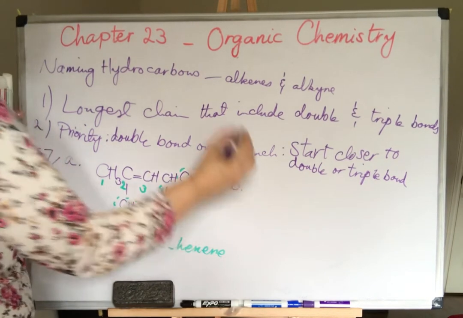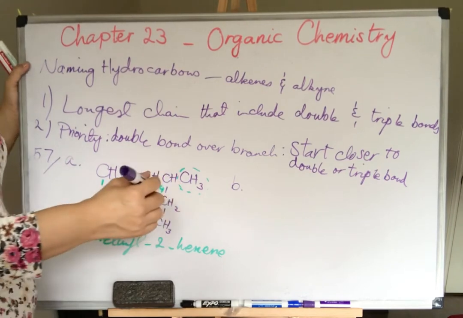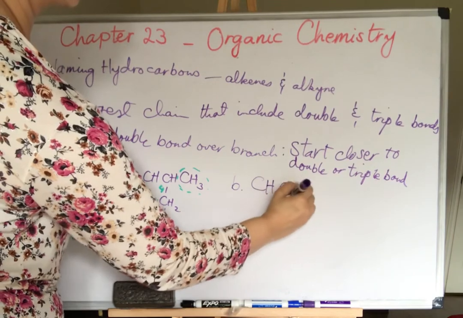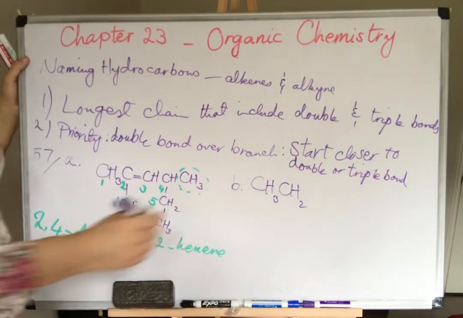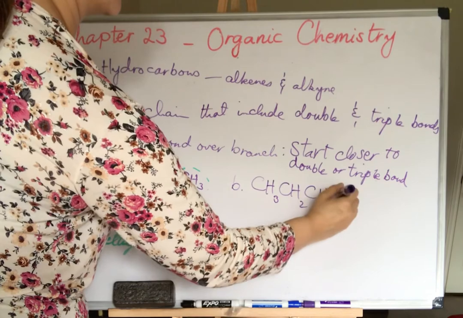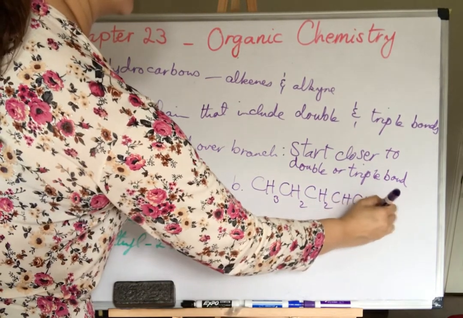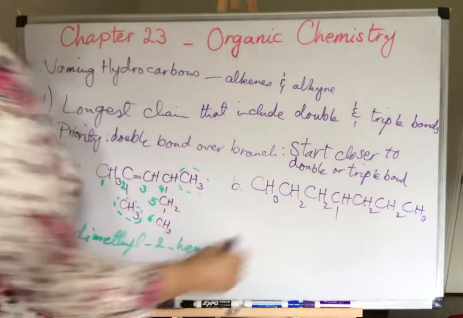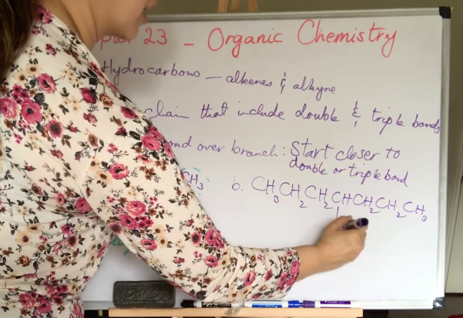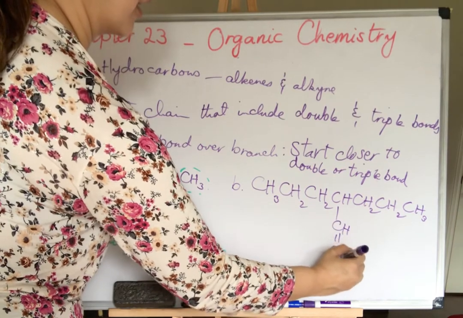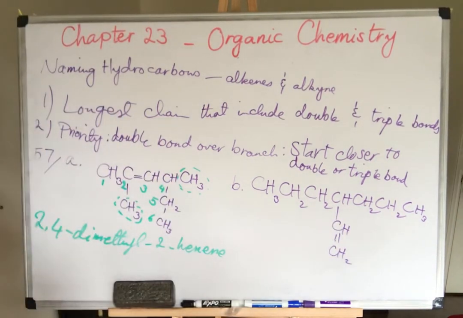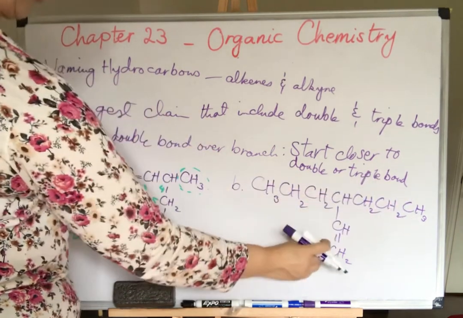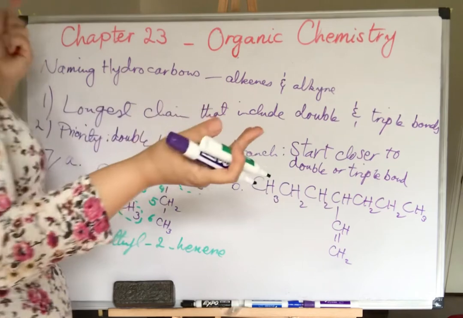And in part B, you have 1, 2, 3, 4, 5, 6, and 7. And here, the longest chain including the double bond is which one? 1, 2, 3, 4, 5, 6, or 1, 2, 3, 4, 5, 6. Either way.